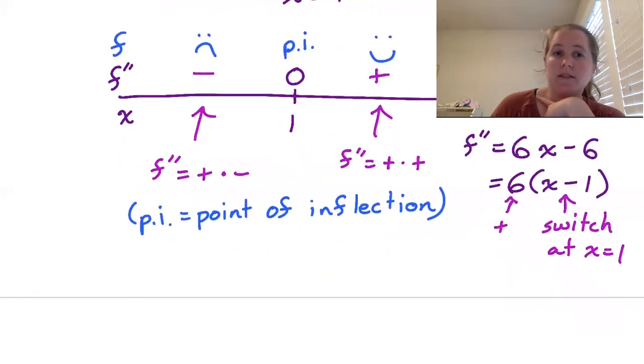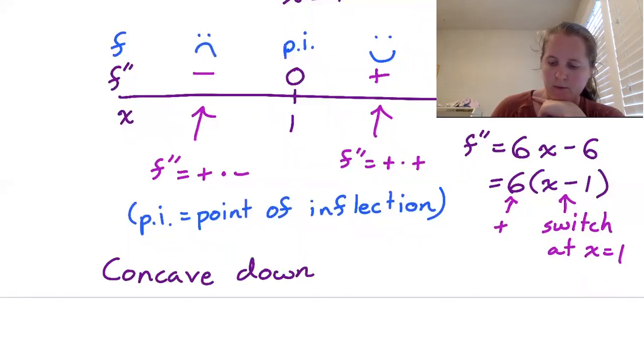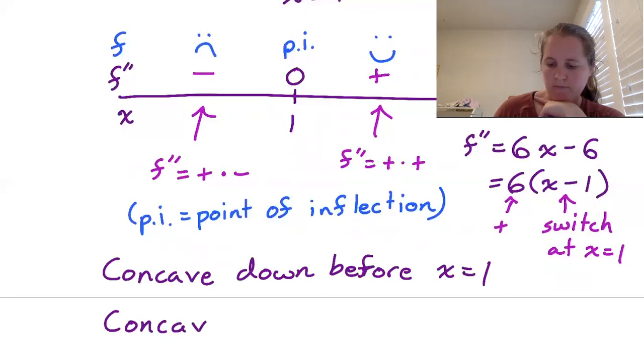So we can go ahead and summarize this. We know we're concave down before x equals 1. Then we're concave up after x equals 1.